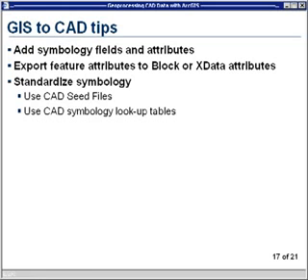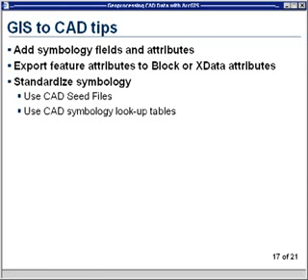Some of the things that you could consider is to manipulate your GIS data to be more CAD-friendly. That's really what the ArcInfo 2 CAD toolbox is all about. But you can use other techniques such as basic schema edits in ArcCatalog or functionality such as the field calculator to populate GIS symbology fields with attributes.